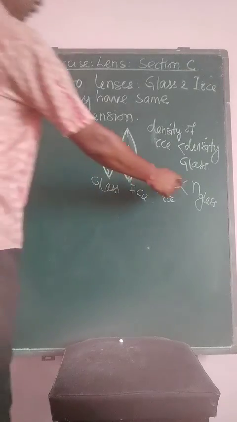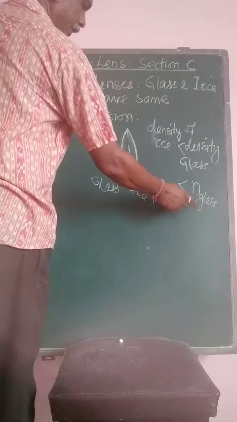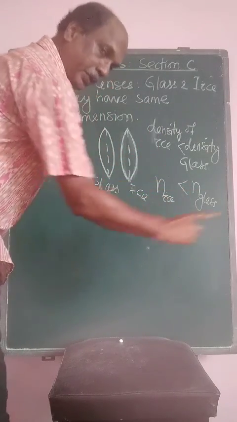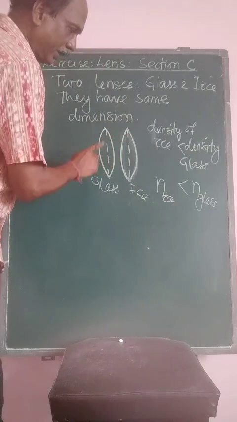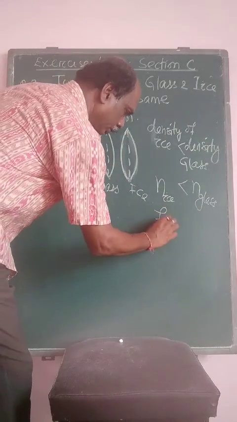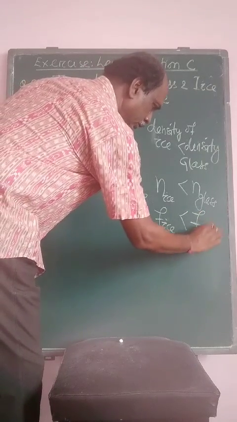So glass has higher refractive index. Ice has lesser refractive index. Higher is the refractive index of lens material, higher is the focal length. So focal length of the ice will be less than the focal length of the glass.